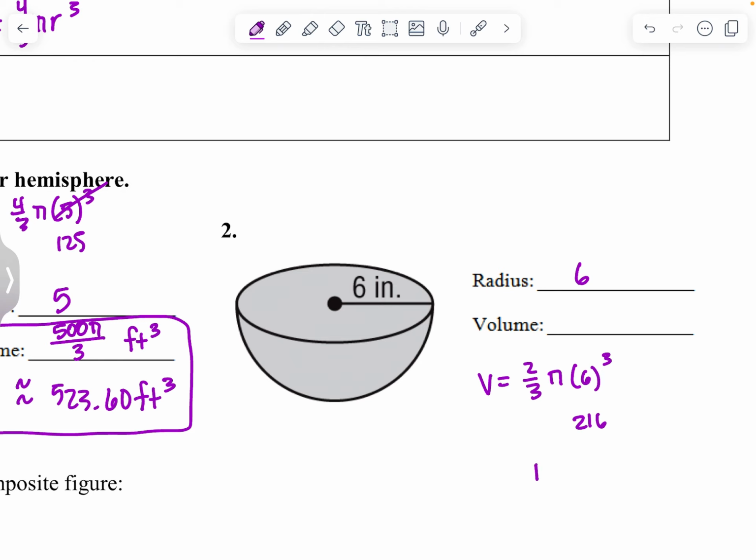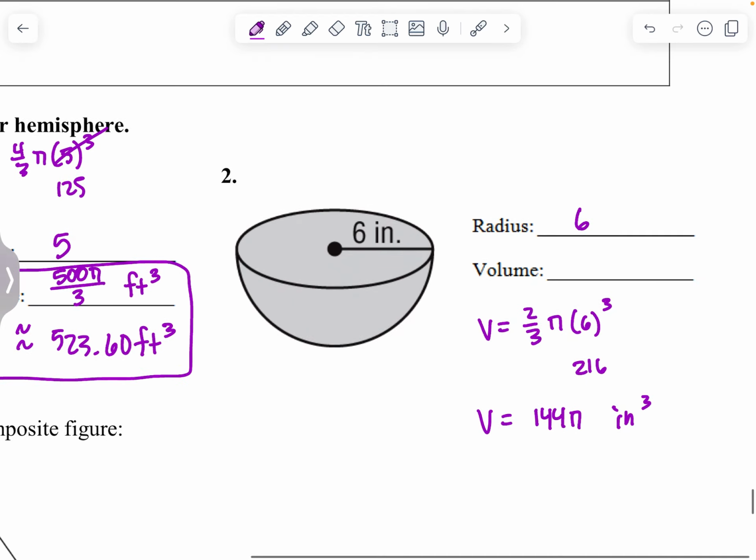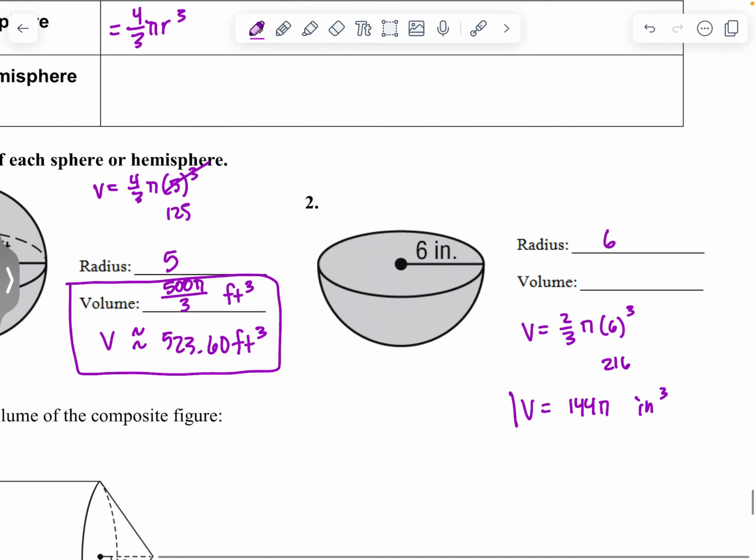So we end up with 144 pi. This is the exact answer. This is measured in inches cubed, and we are good to go. If you ask for the approximate answer, you can go ahead and calculate that. I'm not going to do it here, especially since it turned out to be a whole number.